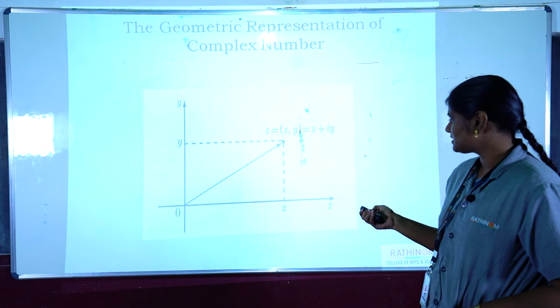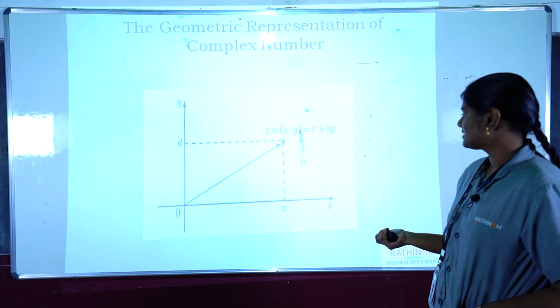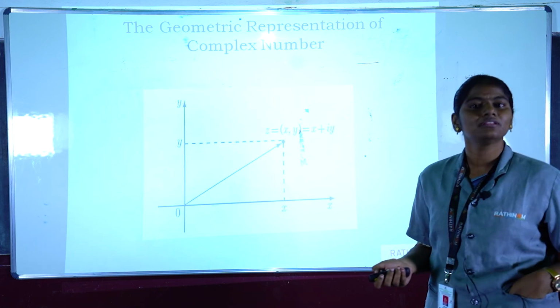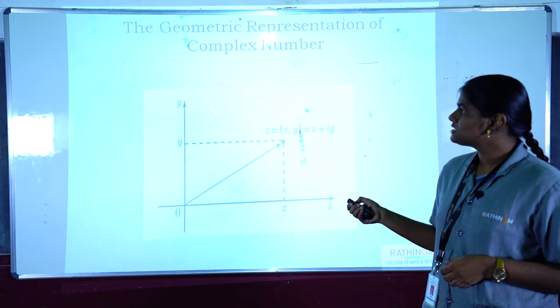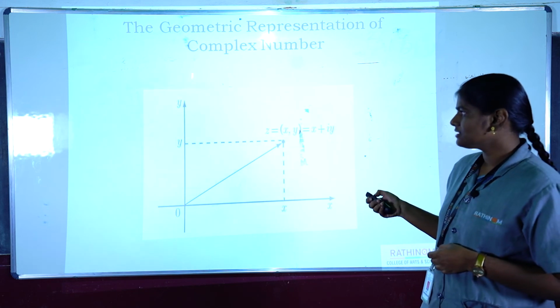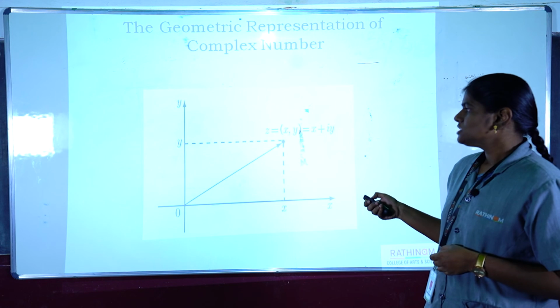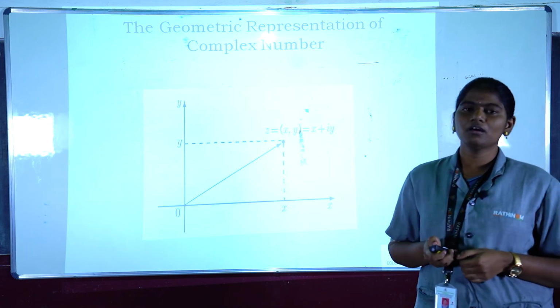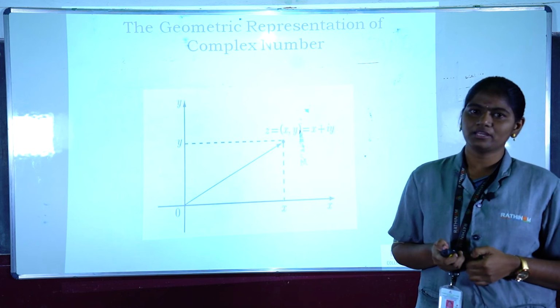Here the x-axis is known as the real axis, where we represent real numbers. The y-axis is known as the imaginary axis, where we represent imaginary numbers. Together this plane is known as the complex plane, or we can call it the Z plane.